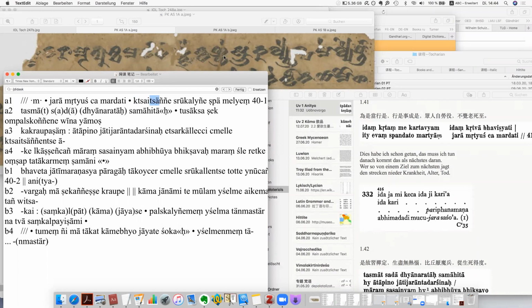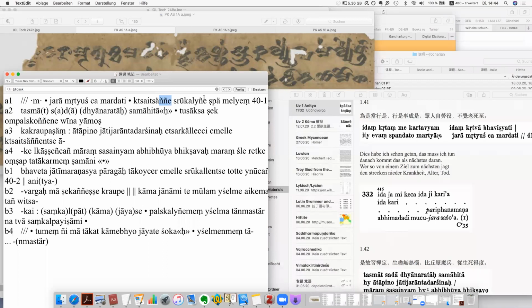And then you have a double n here, and above you have a vowel. So this is ñ. And then you have s here, and this is an r, and then this is a long u. So this is slu. And then this is ka, and this is r, and then ye, lia, and nie.